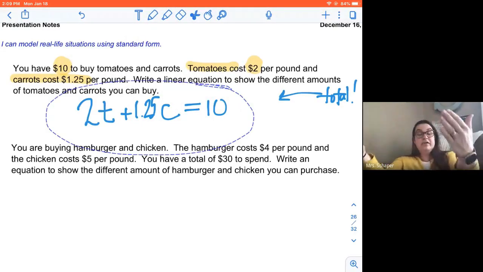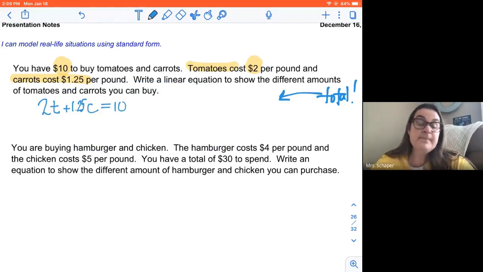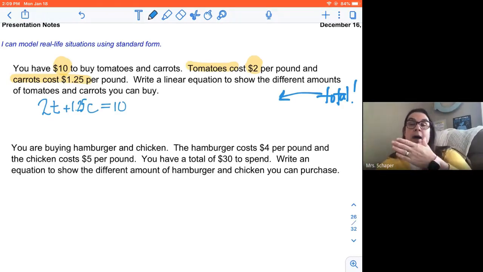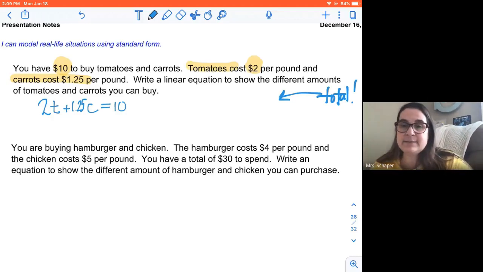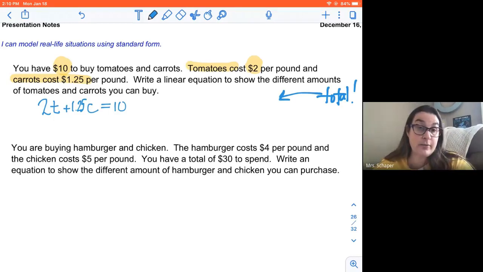That's what you need to do. You need to take the information and put it in standard form. One of your questions might be, hey, Ms. Shopper, you told us we can't have decimals or fractions. When you're going from a real life scenario, it is okay to have decimals and fractions, only if it's a real life scenario, okay?